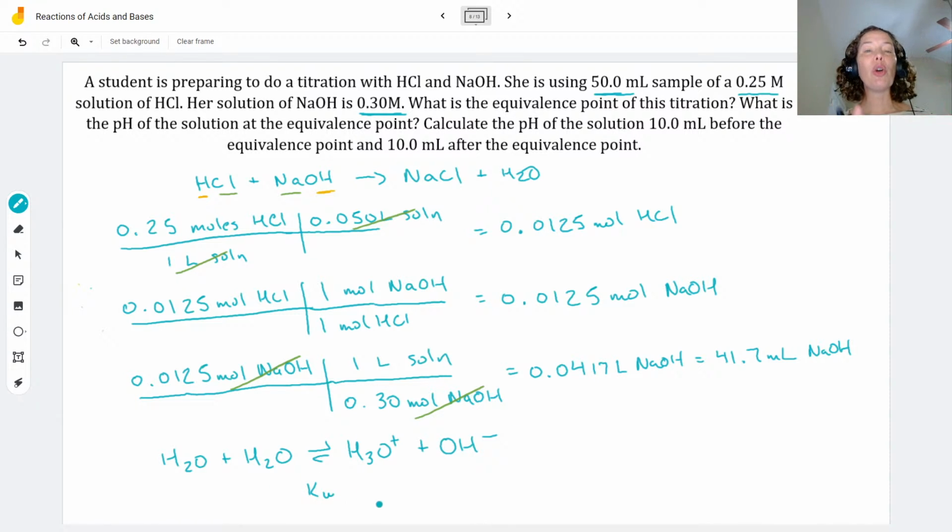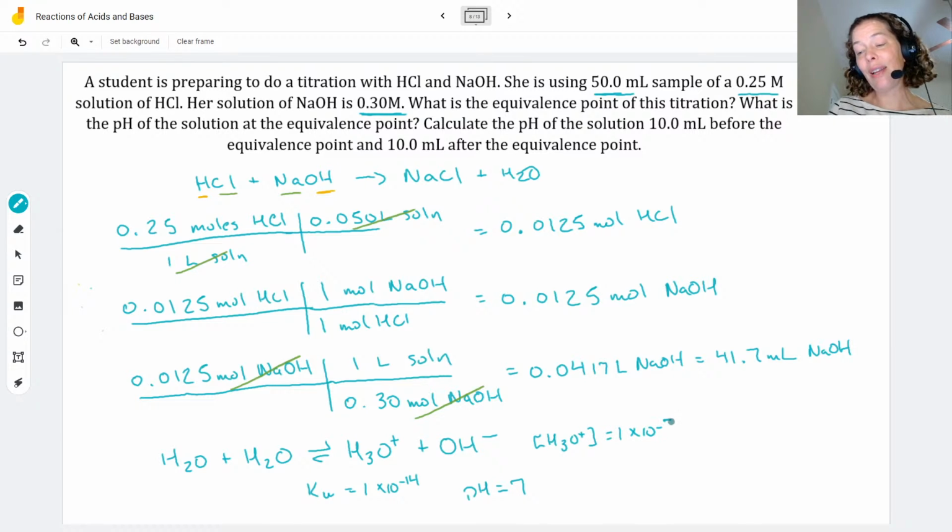We have pure water, so I don't even have to do any calculations. What is the pH of pure water? pH equals 7. How do I get 7? Remember, Kw is 1 times 10 to the negative 14th. What does that mean for our concentration of hydronium? It means it's 1 times 10 to the negative 7th.